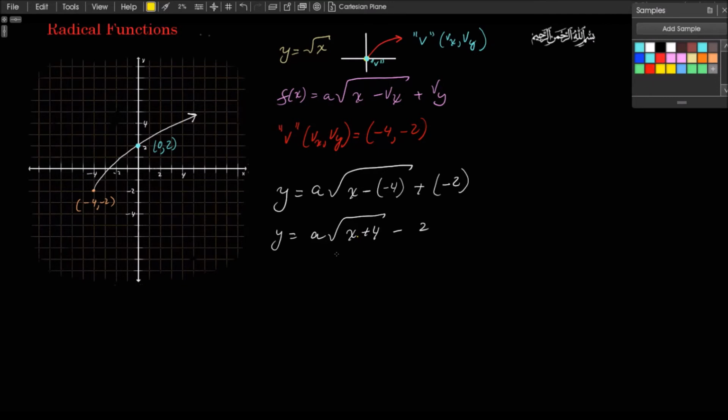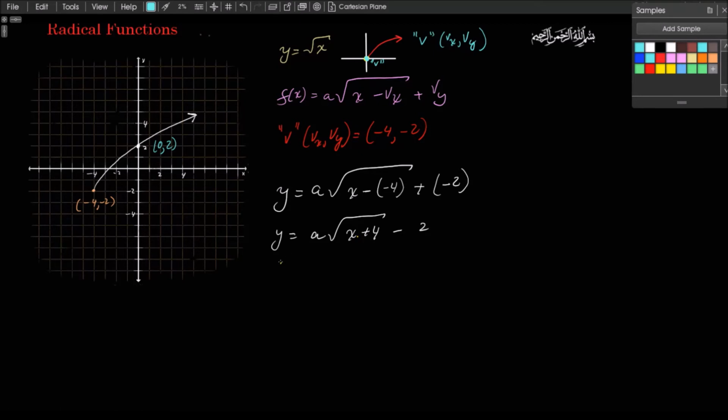Let's do it. Okay, now we have 0 equals a times the square root of 2 plus 4, minus 2, right? Wrong. No. x is 0, y is 2, not the other way around. So what I did was I put y as 0 and x as 2. Just be careful. So let's do it again, and this time we'll try to do it correctly.